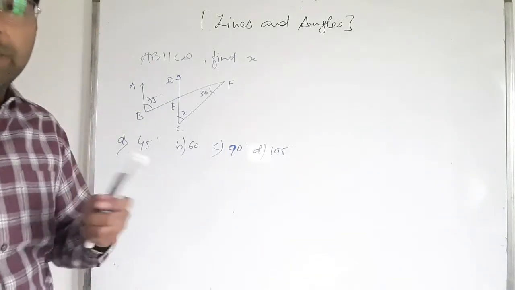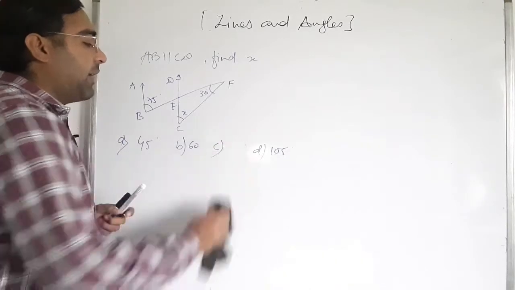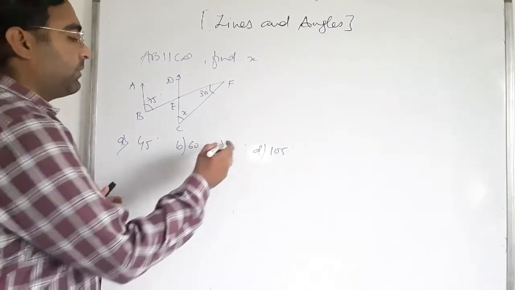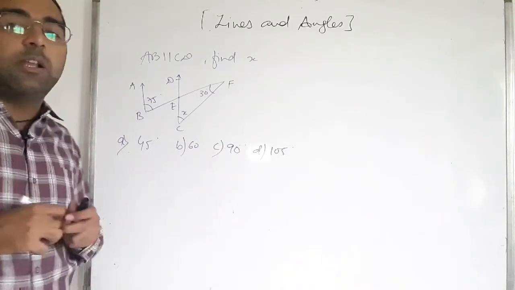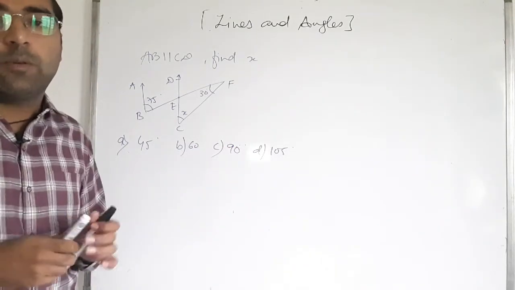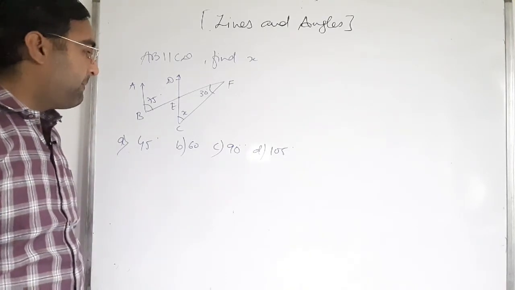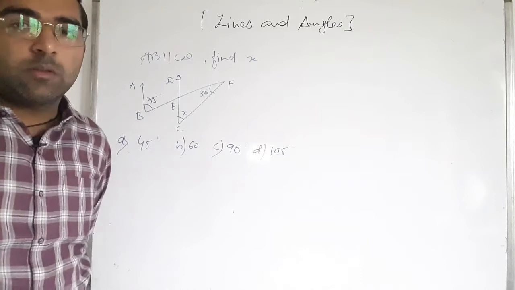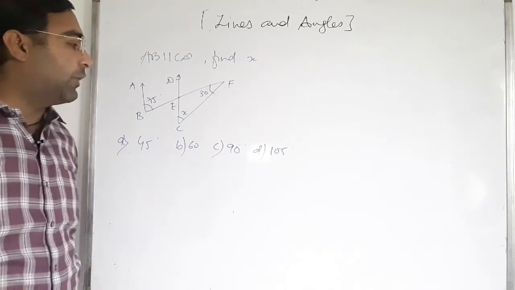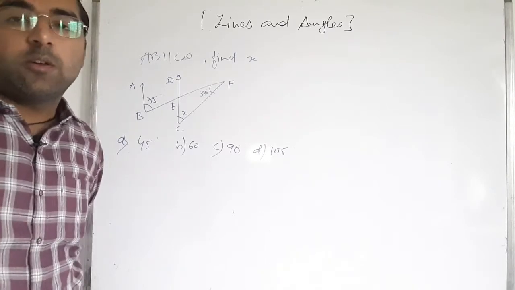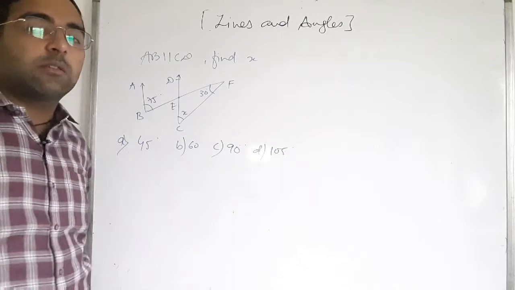First of all, students, please calculate by yourself and find the answer. You need to find angle X. What is the value of the angle X from all of these options?